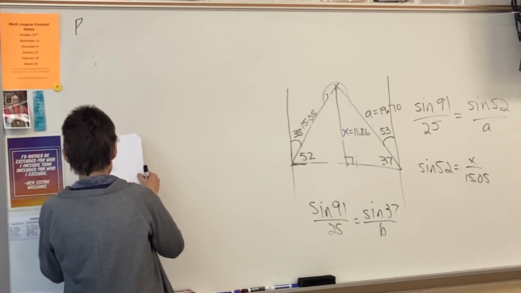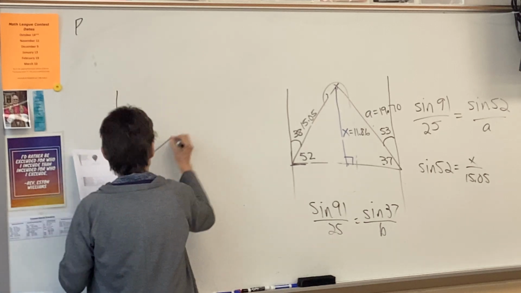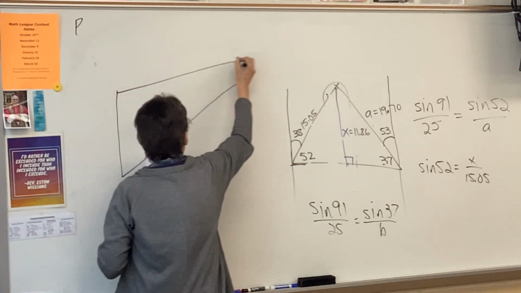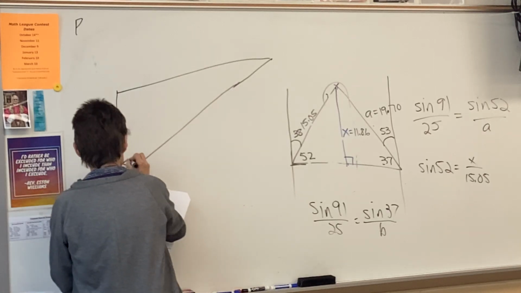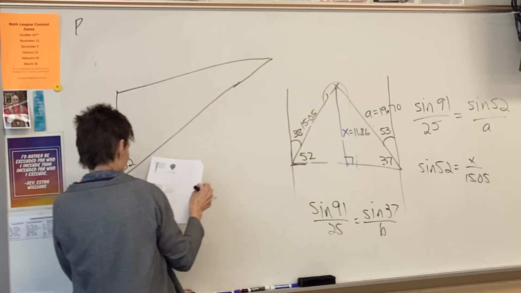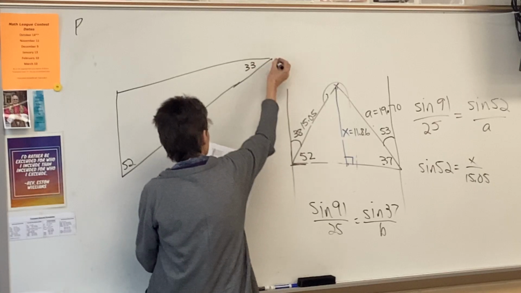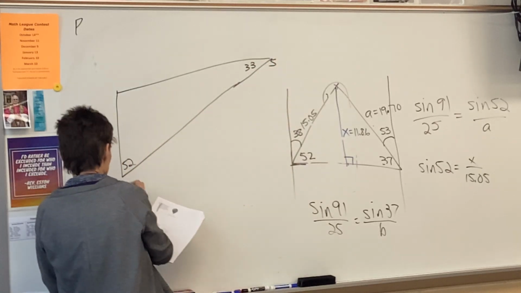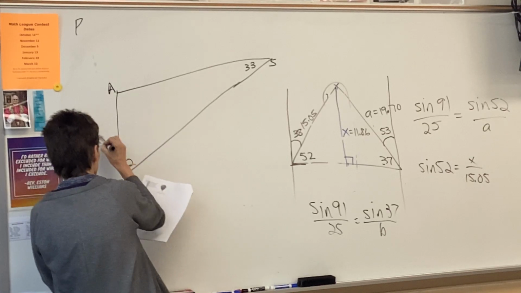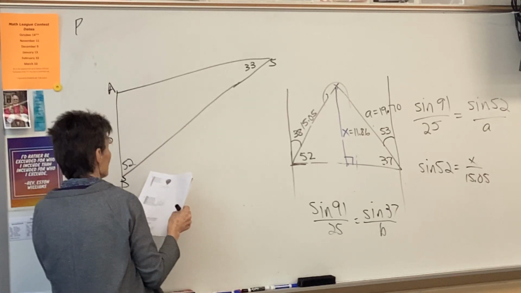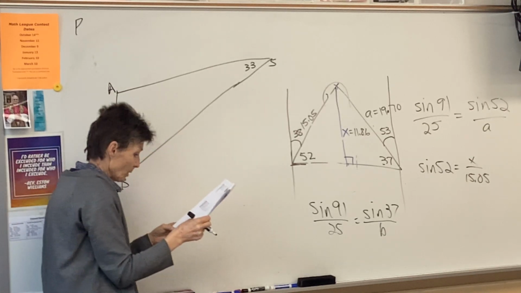Two lighthouses. Okay, so here's the picture. This is 52, this is 33, this is the ship, this is B, this is A, this is 20. What do I wanna know?